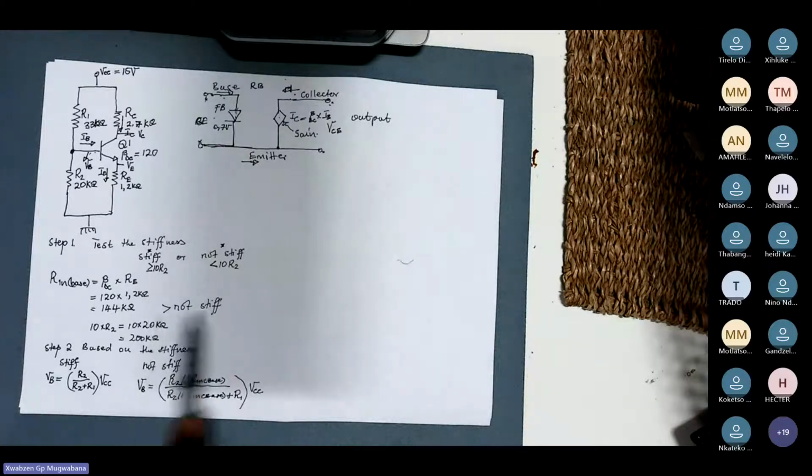If it is not stiff, which means my VB will be given by an equation for when the transistor is not stiff, so I need to follow this equation here. Do we understand each other?